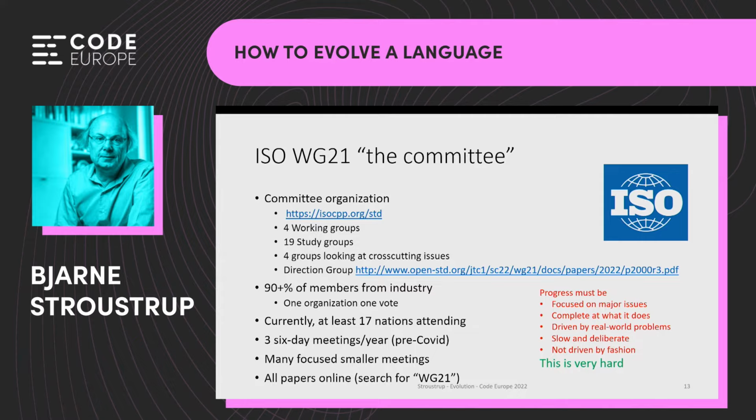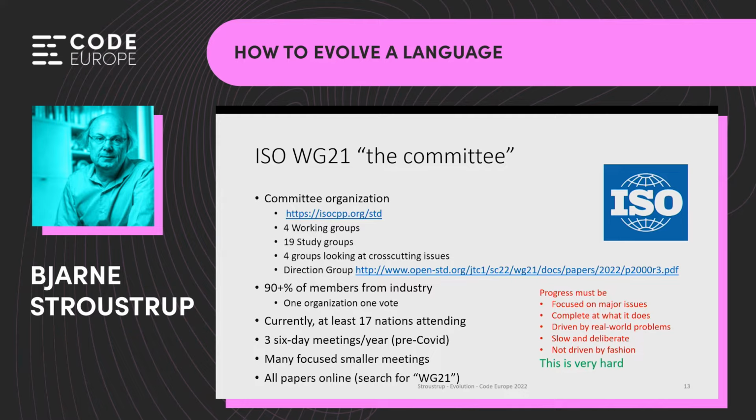Again, you can just look it up. And you find all the papers. You can find the head of a few top papers there, and you can find all the papers by typing in WG21 in your browser, and you get all the papers back to 1990. This is more than anybody wants to know about C++.